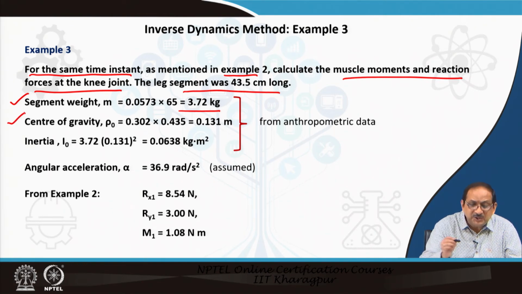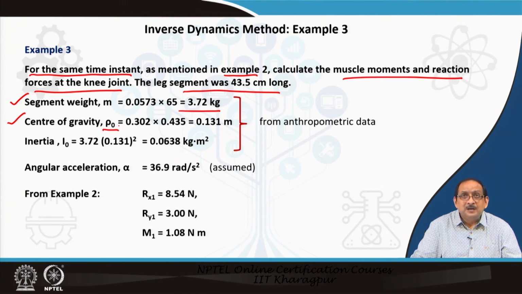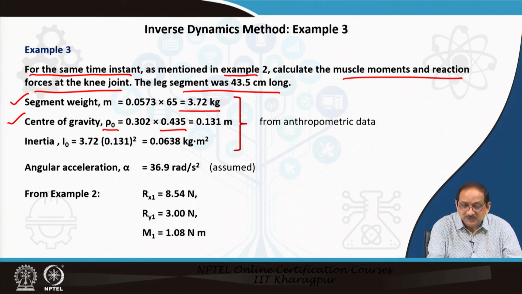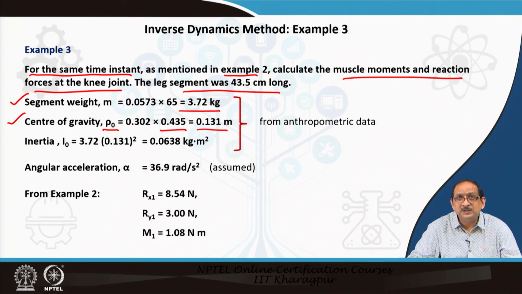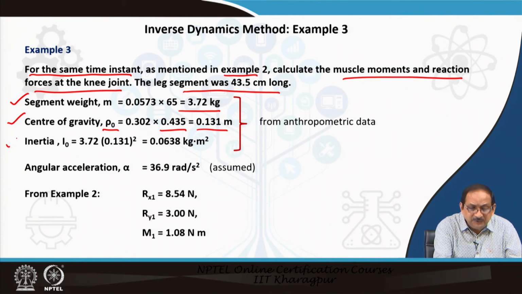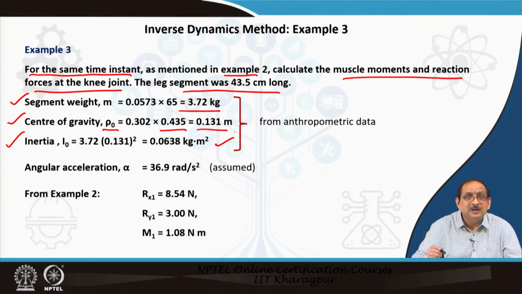The center of gravity position can also be calculated based on the length of the leg segment. So, the center of gravity position comes to 0.131 meters, and the moment of inertia can be calculated based on the mass and the radius of gyration, and it comes to 0.0638 kg meter square. So, all these variables can be calculated from the anthropometric data.